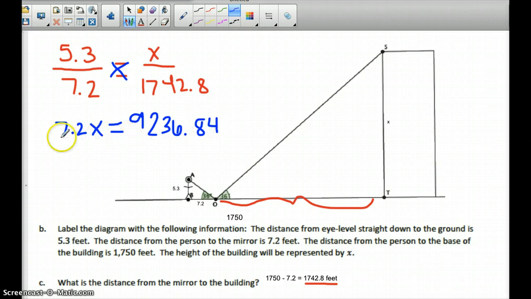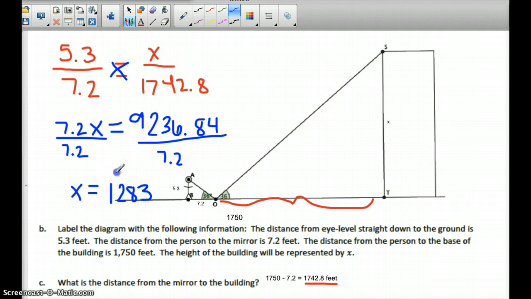Okay, final thing I need to do is divide by 7.2 to get that x by itself. Do that on each side. And when I do that, you get a great big long number. I'm going to round it to the nearest whole number. I get 1,282. When I round that, you get 1,283. So that's how tall your building is.